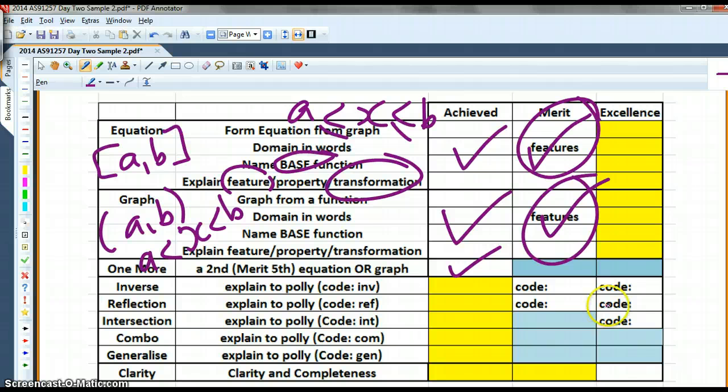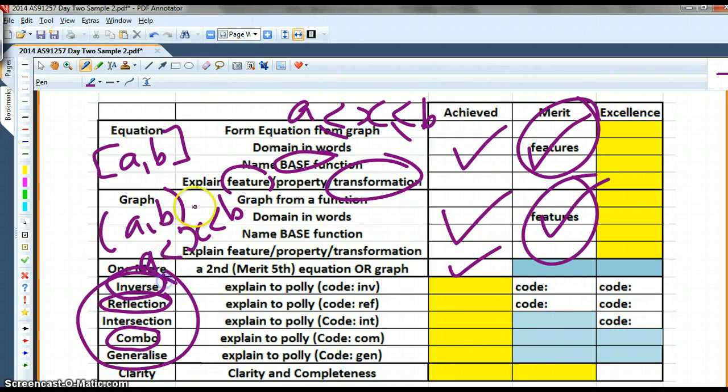Now, the real fun part for excellence comes in these. So you might choose to add a combination graph if you get the chance. Reflection, what that's talking about is reflecting in the x-axis and reflecting in the y-axis, and so it really is a matter of making that connection.